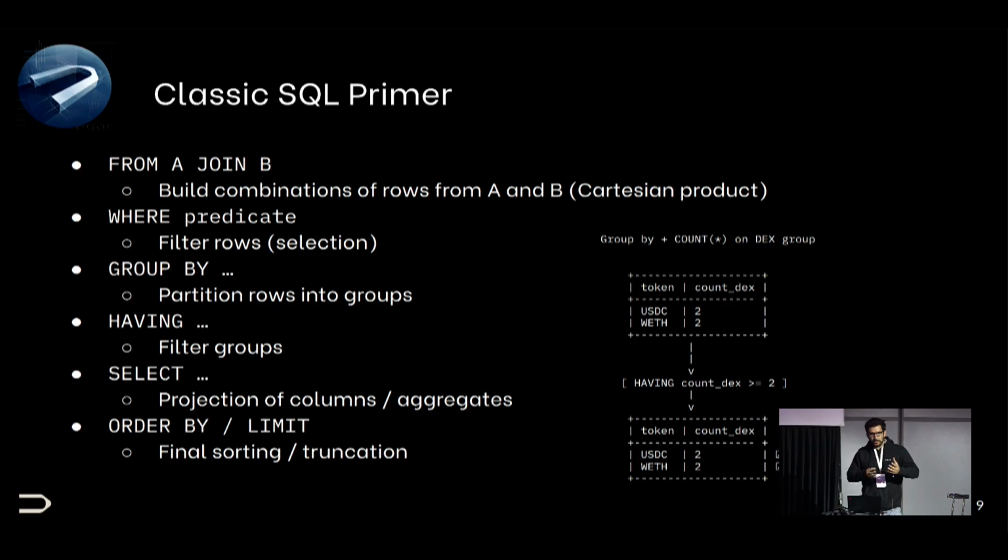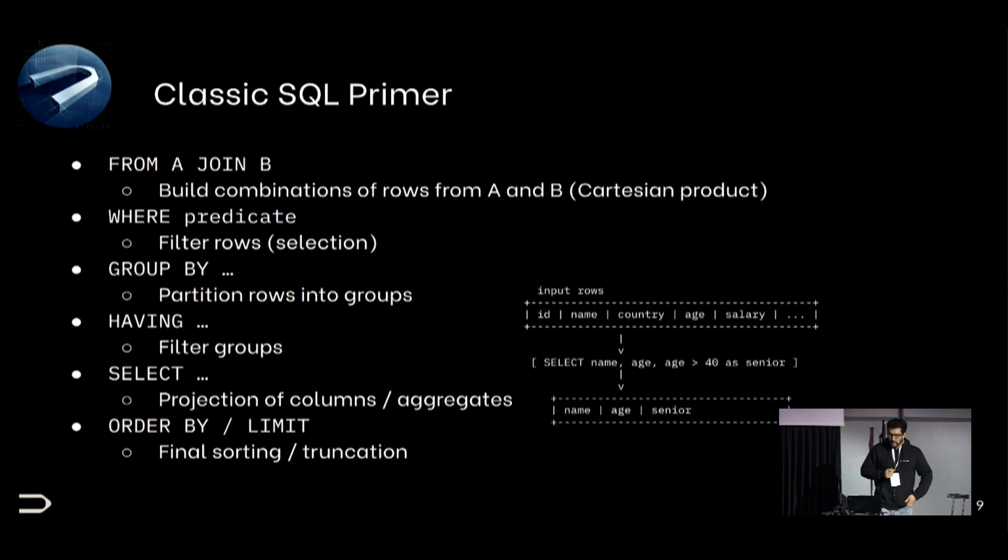So it's like a WHERE clause, but it works after the GROUP BY. Then you have SELECT, which projects from one kind of result, so from a specified number of columns to another specified number of columns as well. And you can do operations on these columns, and most of the time you are dropping columns. Okay, and ORDER BY and LIMIT, sort and truncate, respectively.